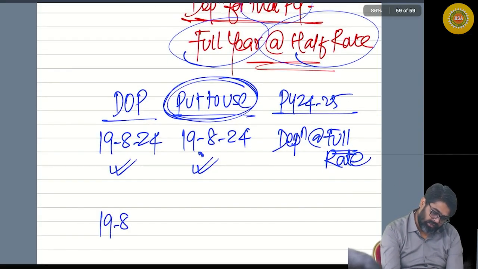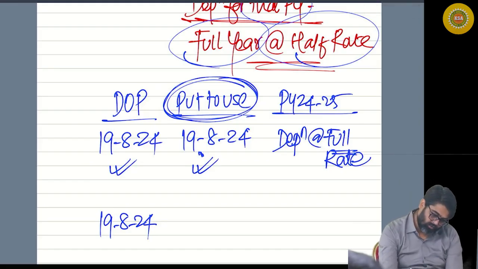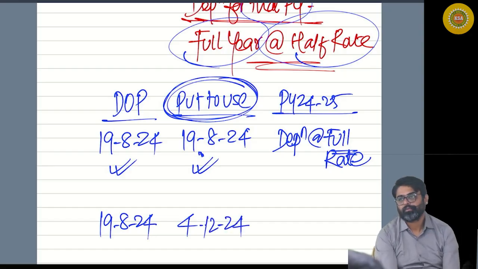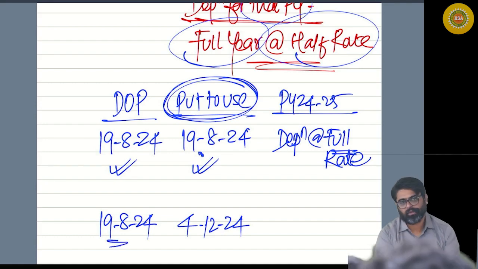Now, purchased the asset on 19th of August 2024, and that asset was put to use on 4th of December 2024. Half rate? How come half rate? You will count the date from 19th August, no?